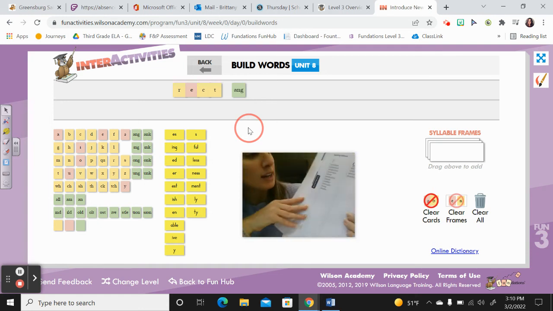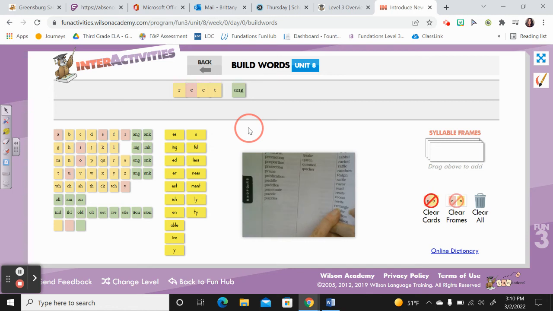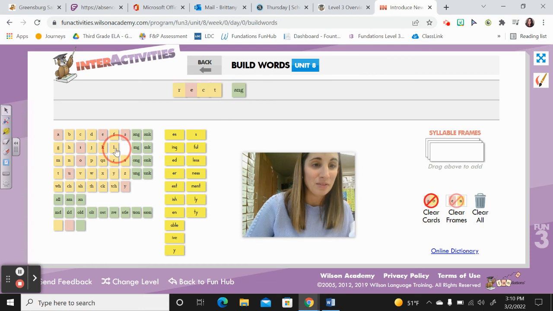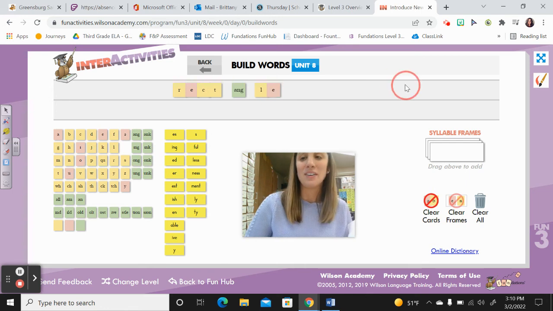Now, did you find it on page 52? In your R section. Right there, my finger has it. Rect, ang, ul. What is it? It's L-E. Very good. So this one is a consonant-L-E. It's a three-syllable word. Very good. All right, let's clear that one.